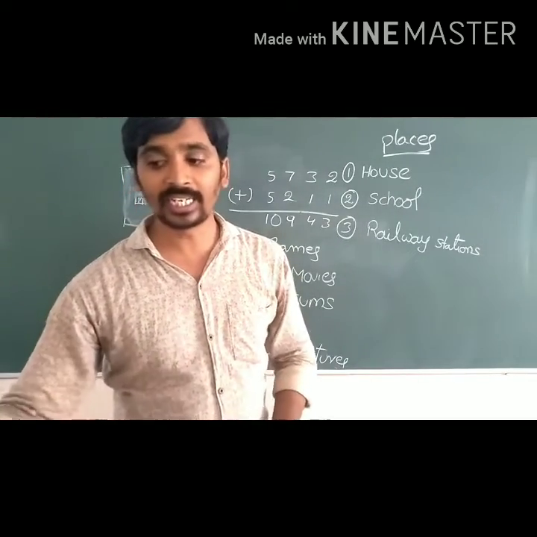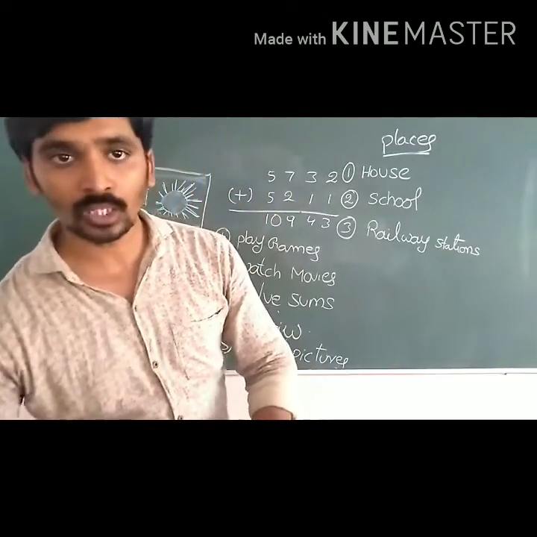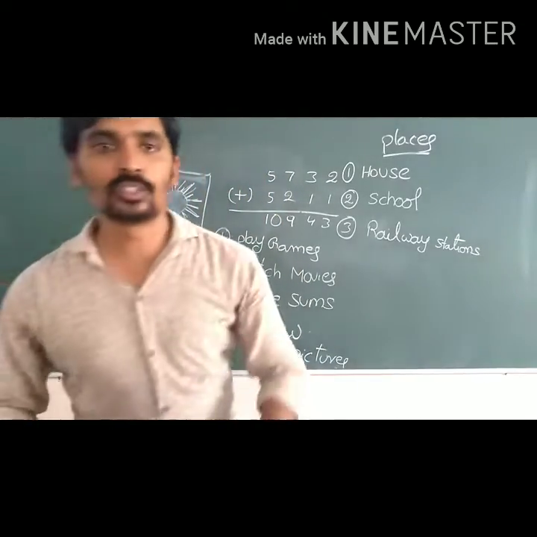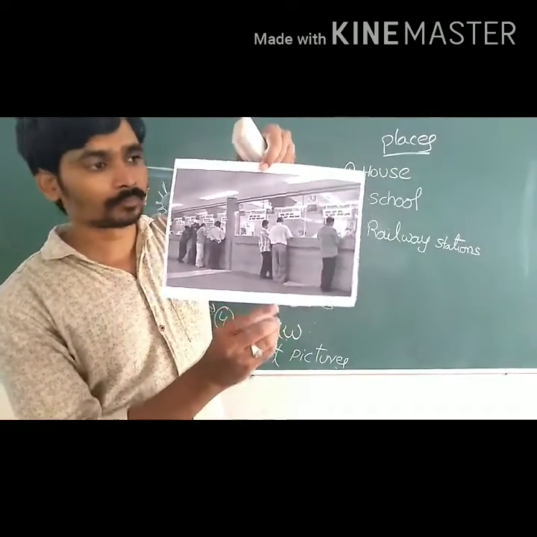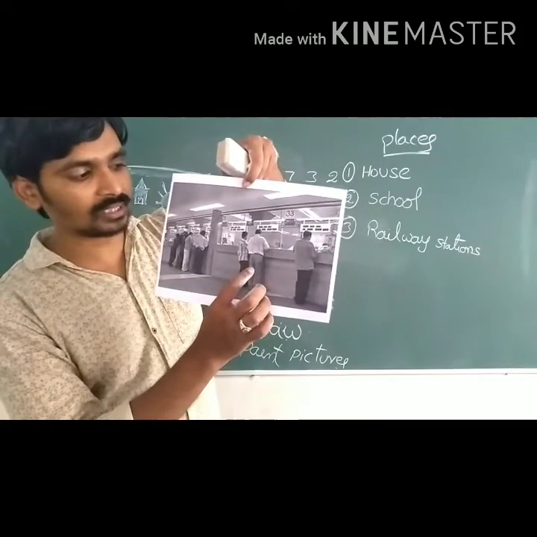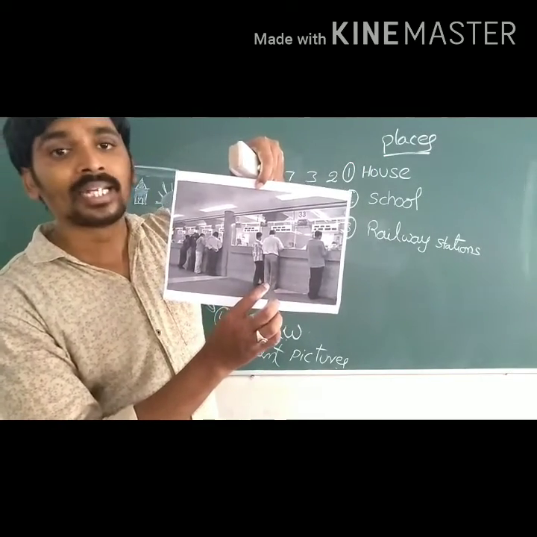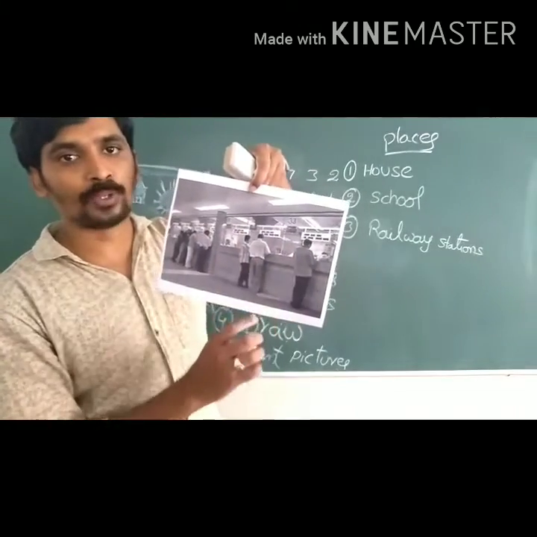Which one using ticket counter? That is using the railway station. This is the picture. This is railway station. That person is waiting for the ticket, railway ticket. That's why using the computer.